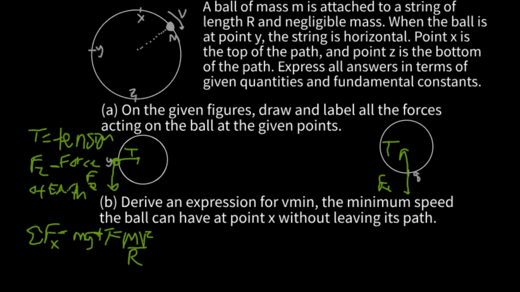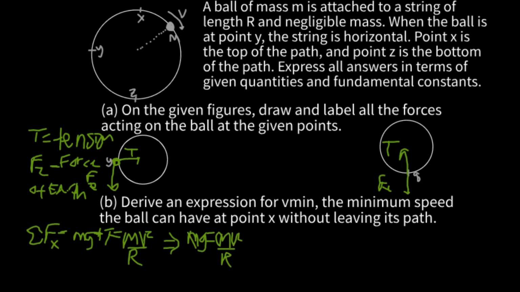Now we want the minimum speed. That minimum speed is going to occur when tension is 0. So all of the centripetal force is being applied just with gravity. So then we are going to get mg equals mv squared over r.